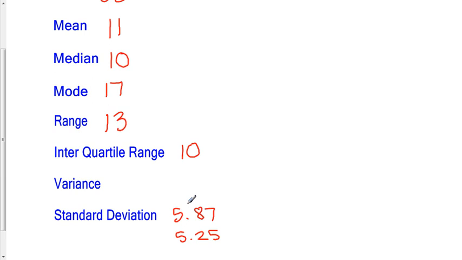And if you were to square those numbers, the variance then would be 34. And the other one would be 27.5.